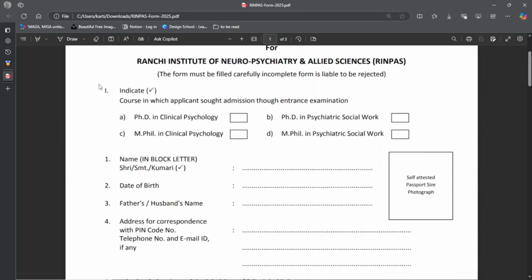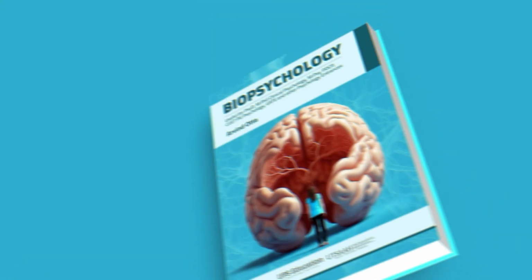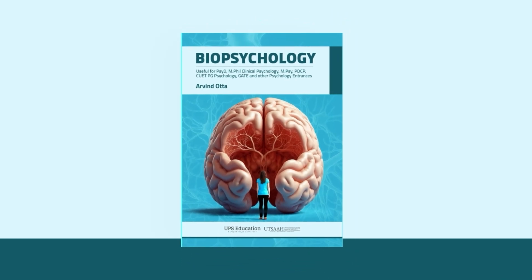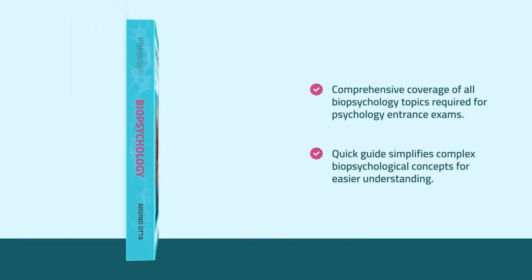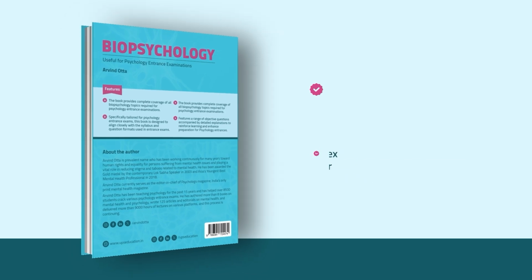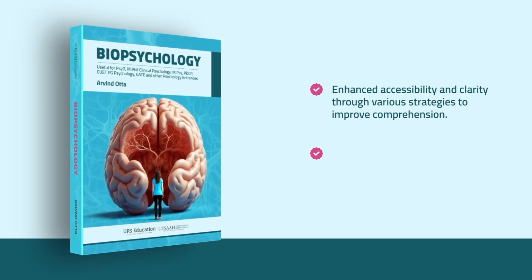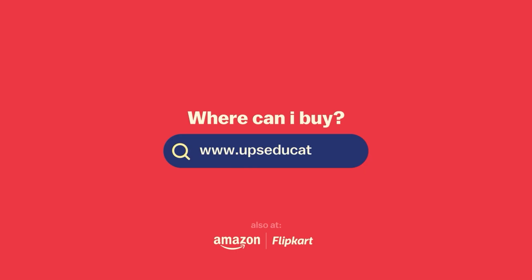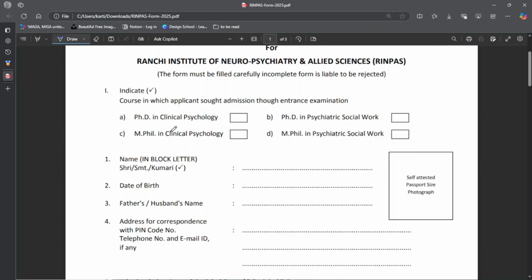First of all, you will see it says to indicate in which course you are going to take the admission. So select if you are going to take admission in PhD Clinical Psychology, or tick mark if you're going to take admission in MPhil Clinical Psychology.